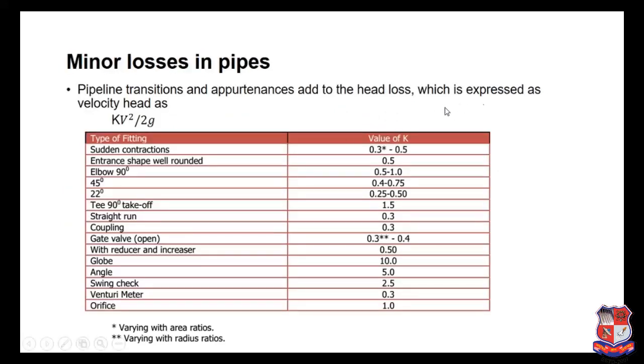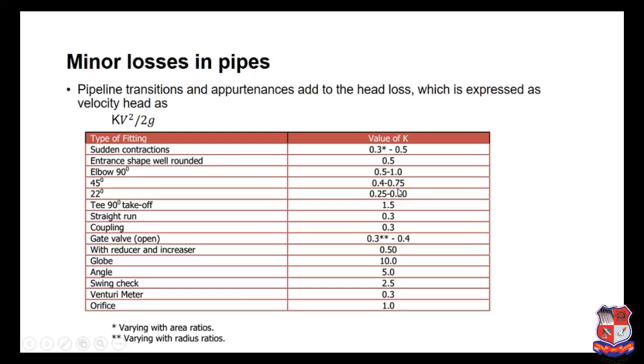These minor losses can be calculated using the equation KV square divided by 2G. K is the constant and its value is given in the CPHEEO manual. So K value is different for different sections, like for elbow 90 degree it's from 0.5 to 1, for 45 degree 0.4 to 0.75.